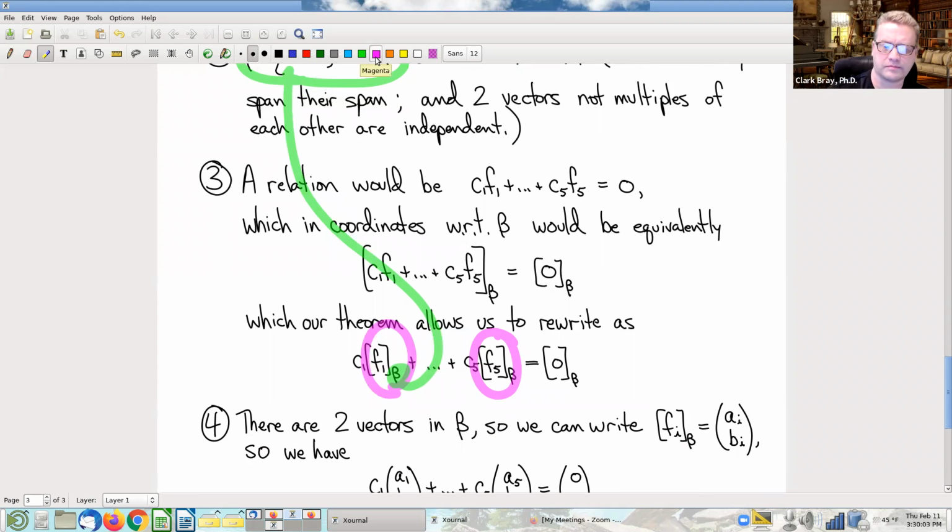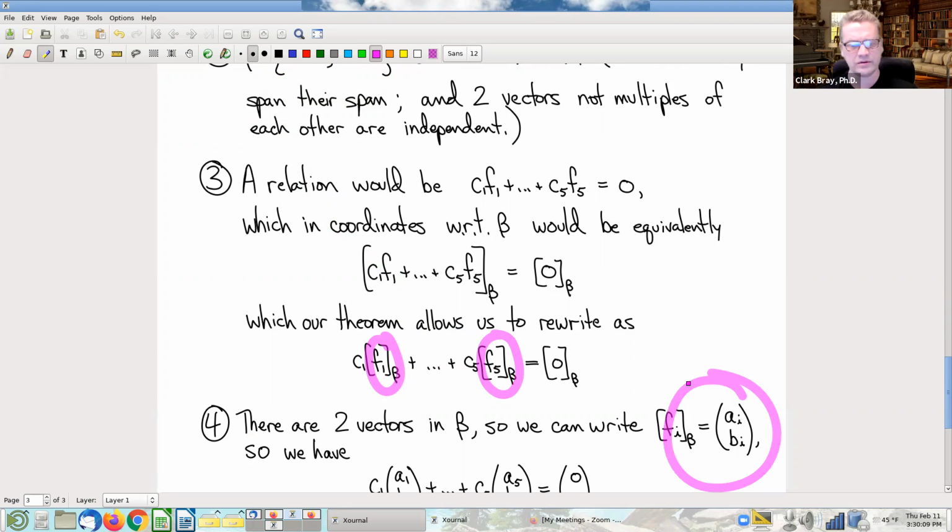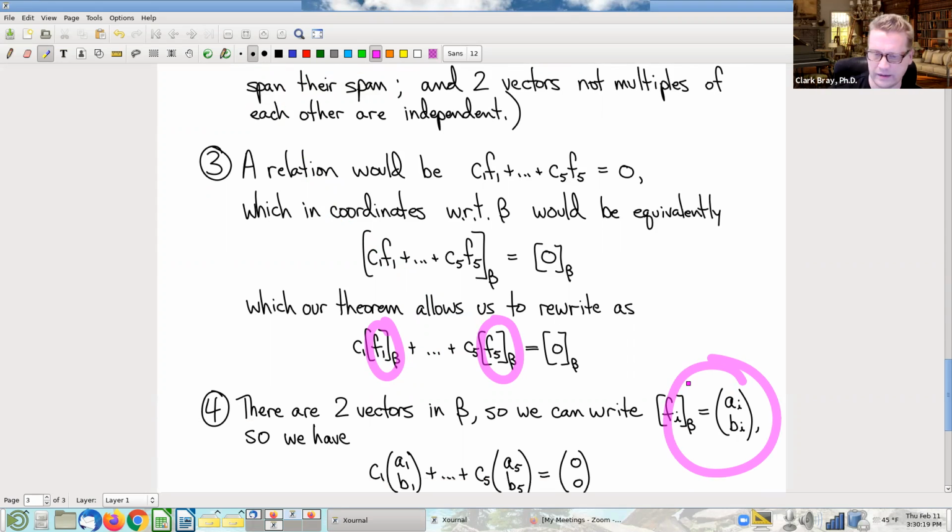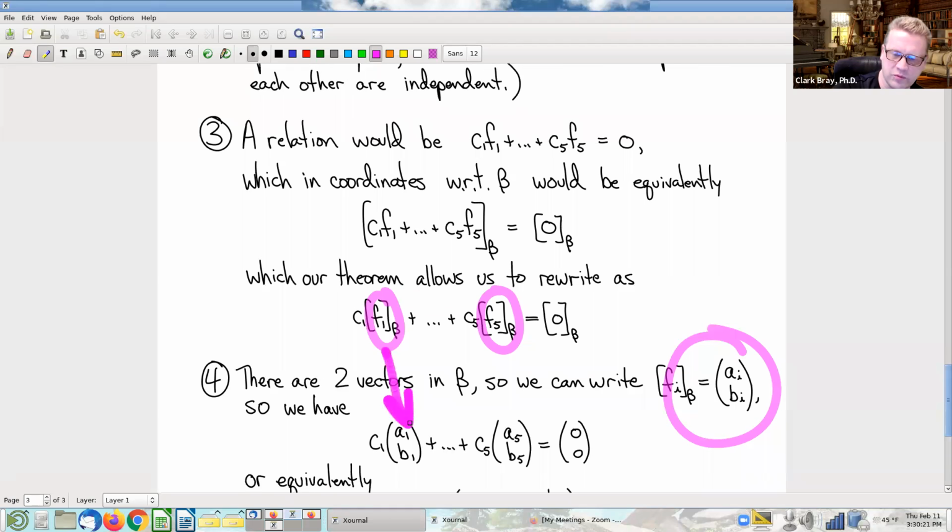And so each one of these is going to be a couple of numbers, an ordered pair. I'm going to say a_i, b_i for the ith one of these functions, where i goes from 1 to 5. So that applies to each one of these. Each one of these, coordinates with respect to beta is some numbers, and you can work out those numbers if you want. We're not going to, because in this case, it turns out that it won't matter.